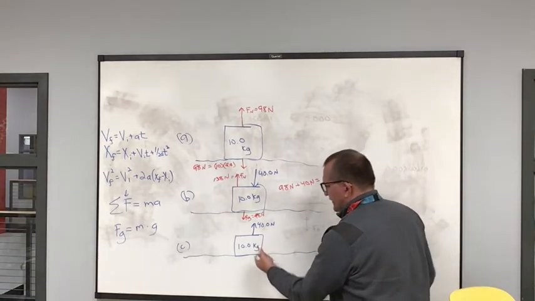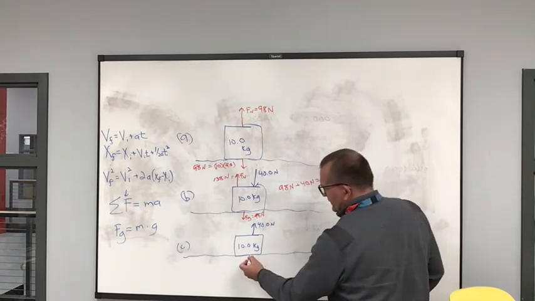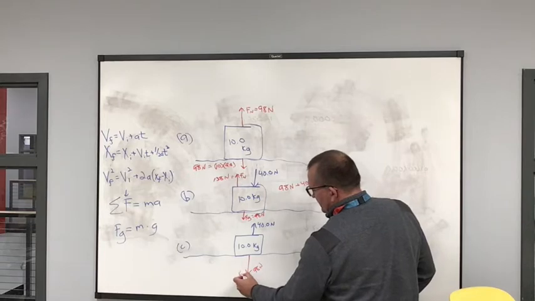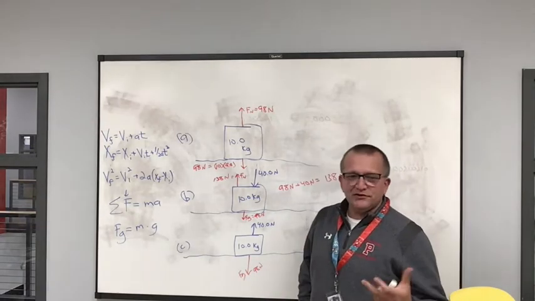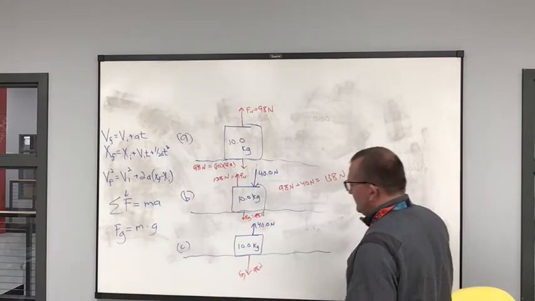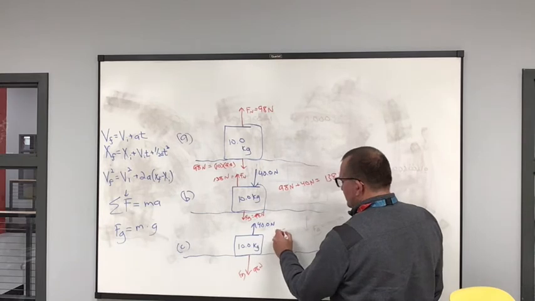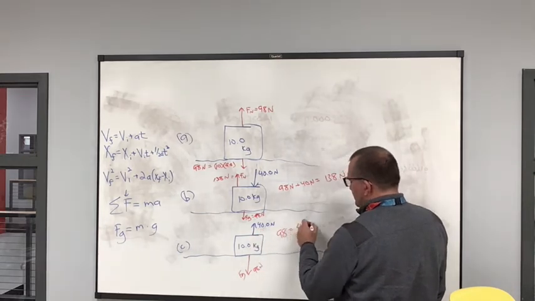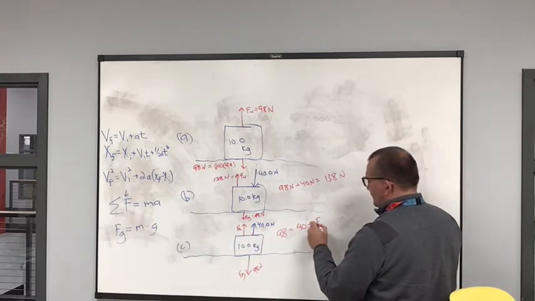Now the last case. Again, now we're pulling up on the box at 40 newtons. Again, going downward, the force of gravity is 98 newtons, and 40 newtons going up. What is the normal force acting on the box? So going down is 98. That's going to equal the 40 newtons that I'm pulling up, plus whatever normal force there is.